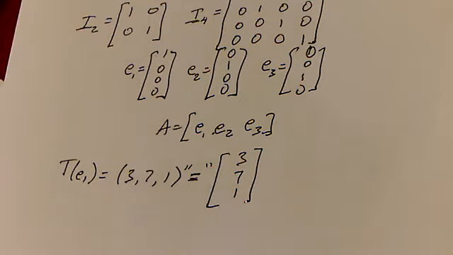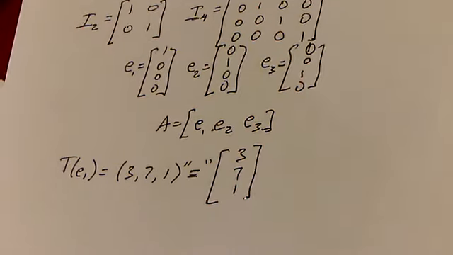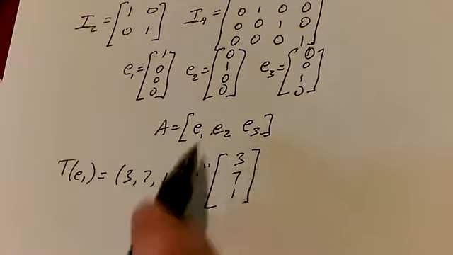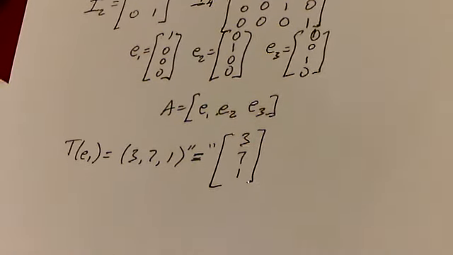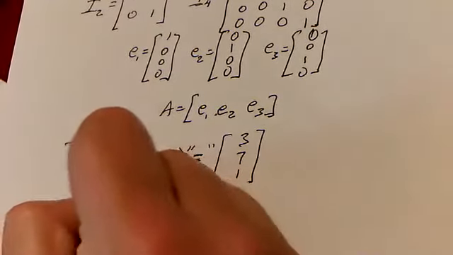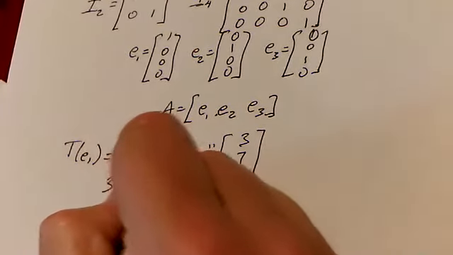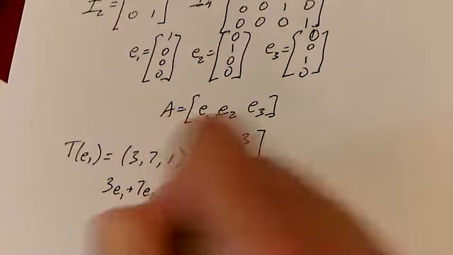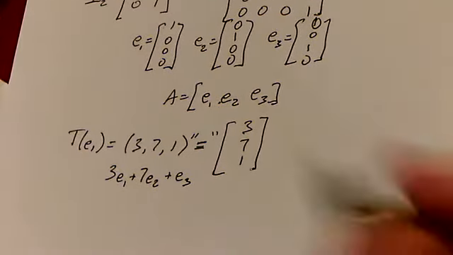They refer to the same thing. So T of E1 is equal to 3 copies of E1, 7 copies of E2, and 1 copy of E3 would be another way of writing it.